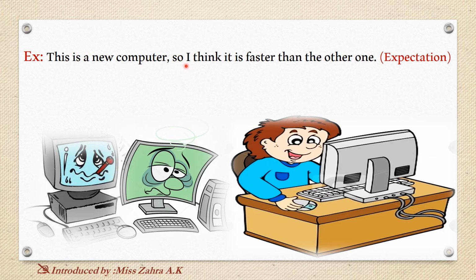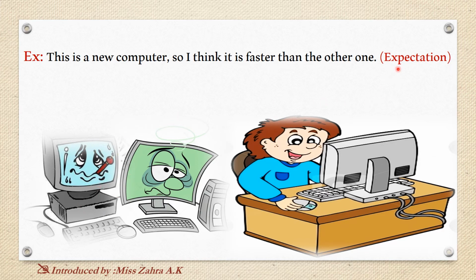So لذلك I think it is faster بأن هو جاي يتوقع. I think أنا أعتقد يعني أنا أتوقع. It is faster إنه أسرع than the other one. ممكن أن يكون هو أسرع من هذه الحواسيب الأخرى.